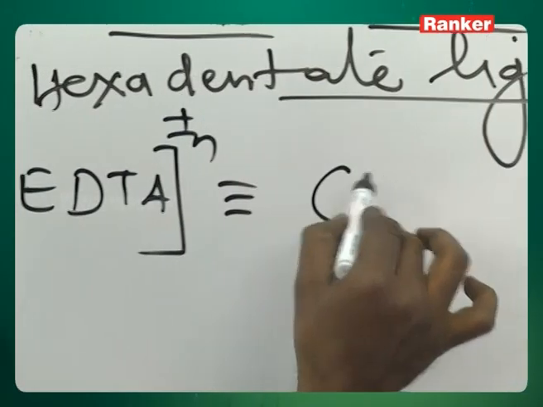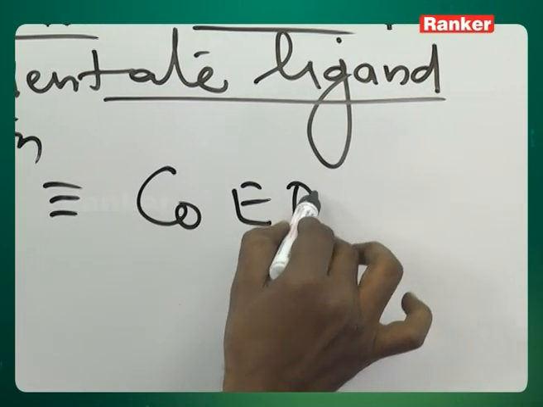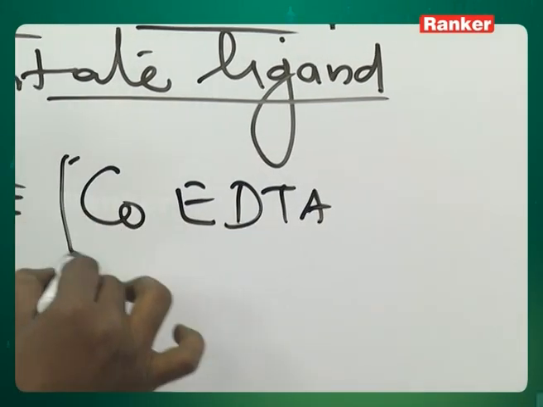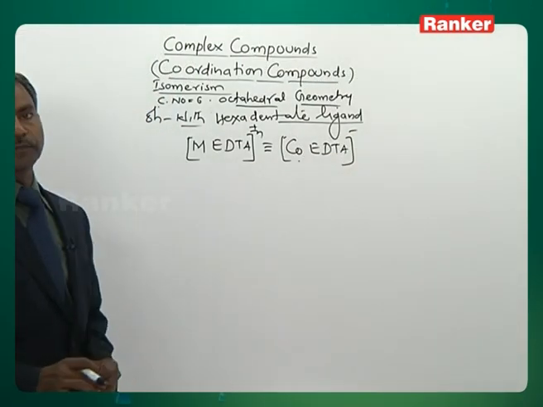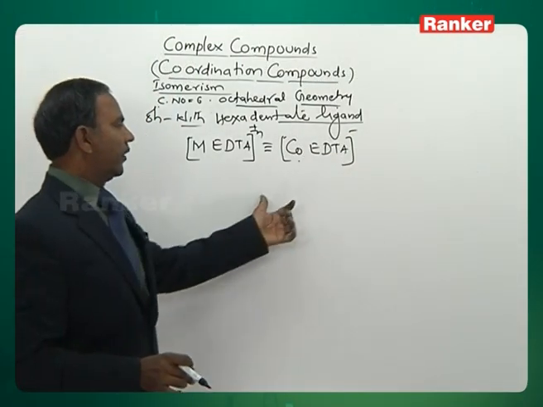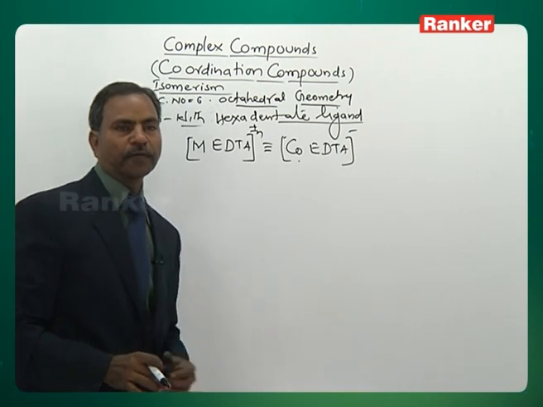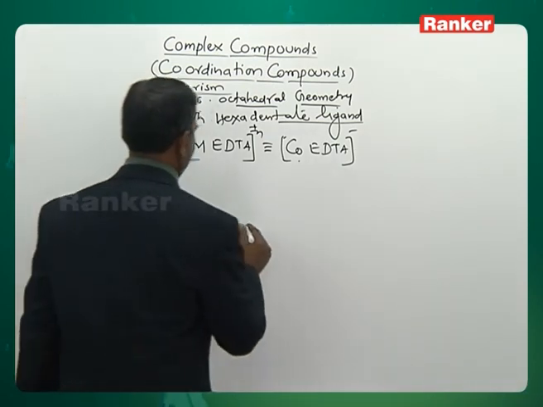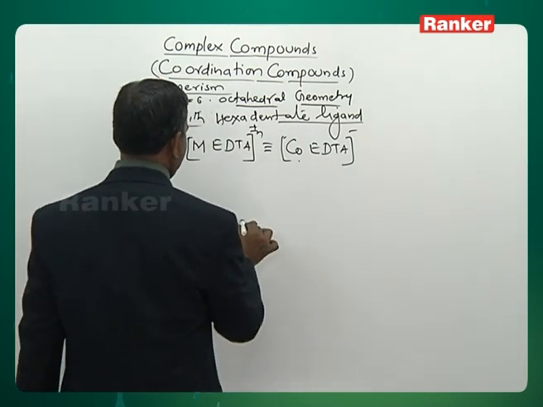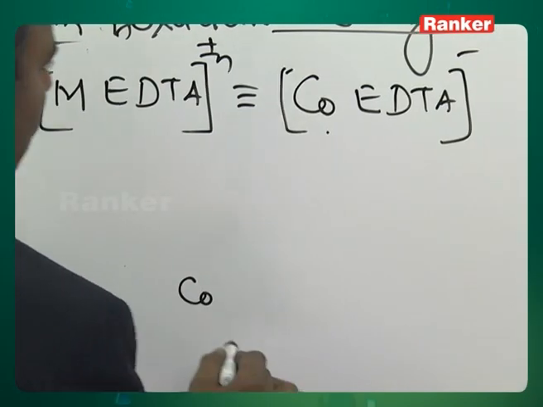Take Co EDTA. Co EDTA is optically active. How is it optically active? Let us put the diagram and see D and L isomers for this. Look here. It is a little difficult to draw, but you have to practice this.